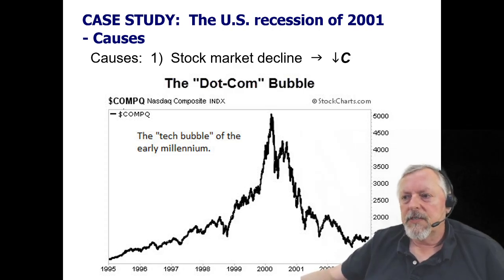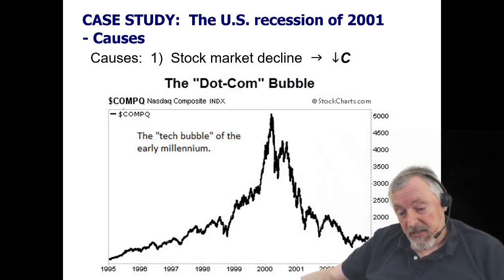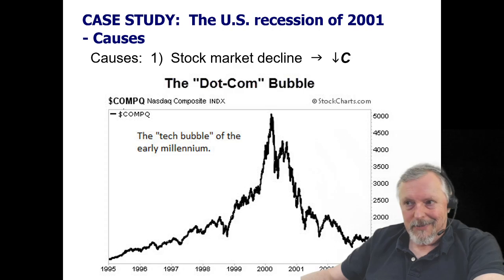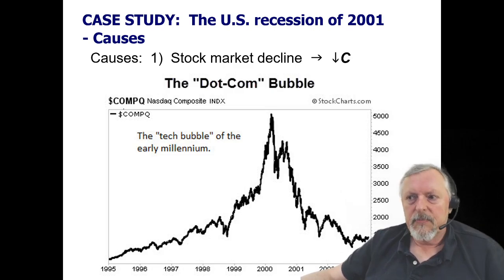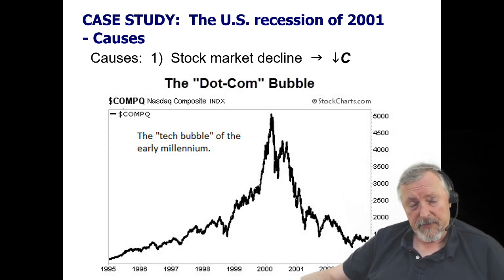But this fall in stock prices reduced the wealth of millions of U.S. consumers who had money in the stock market. Their wealth was reduced. They responded by reducing consumption, spending. This can be seen as a shift to the left in the IS curve.